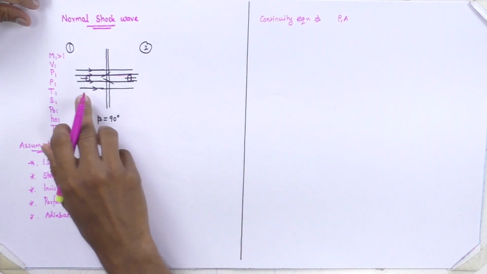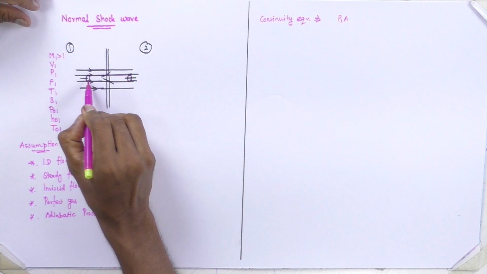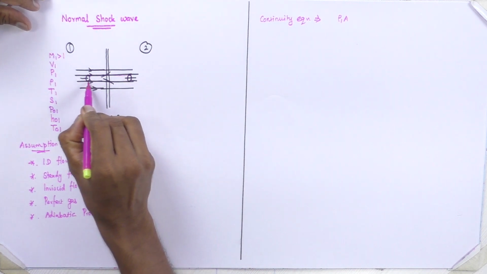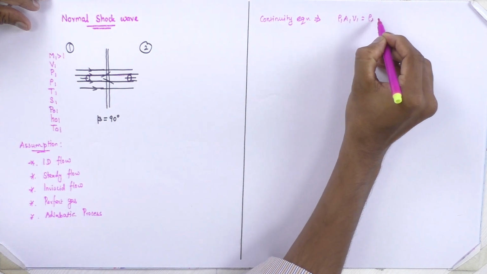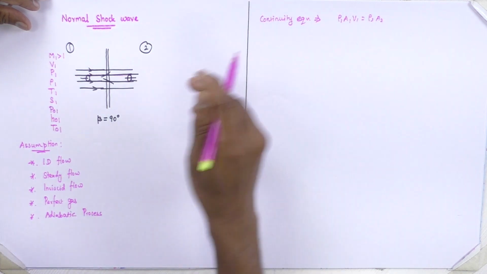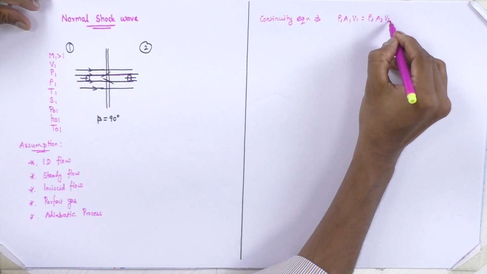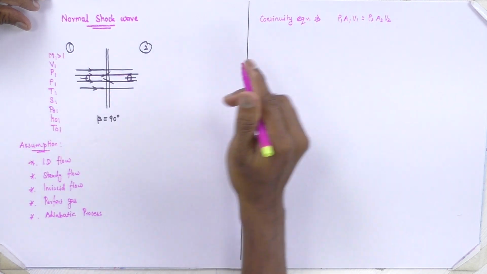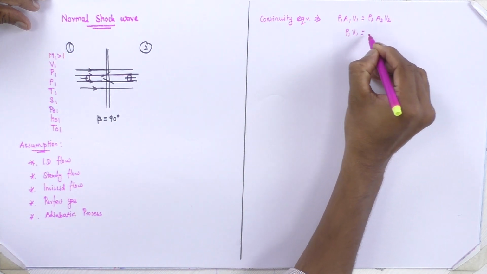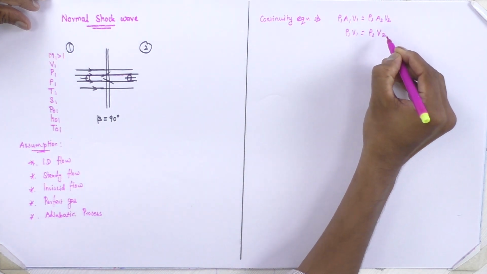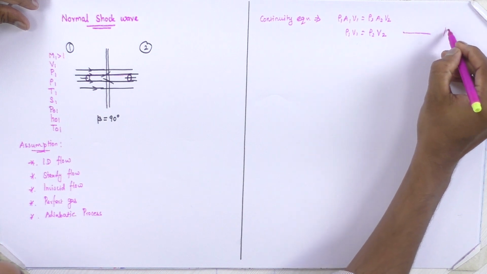Here we are going to have a constant area stream tube. So area will be constant here. So we have to rewrite this equation for this case. For this case, the continuity equation can be written as ρ1 V1 is equal to ρ2 V2. Let's say this is equation number 1.